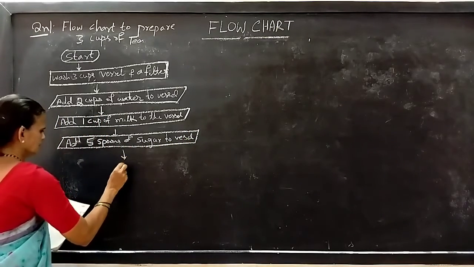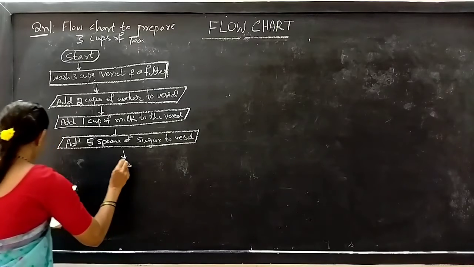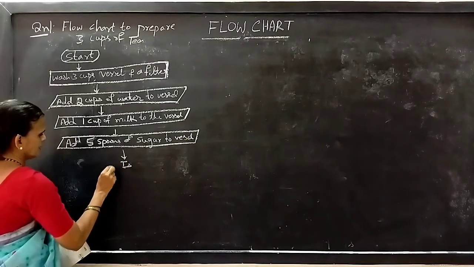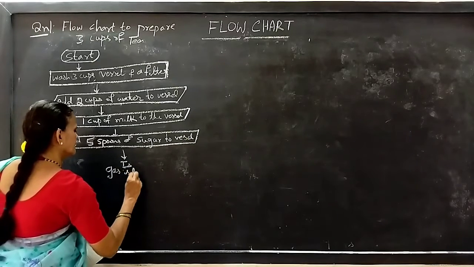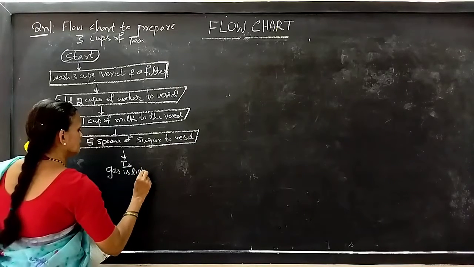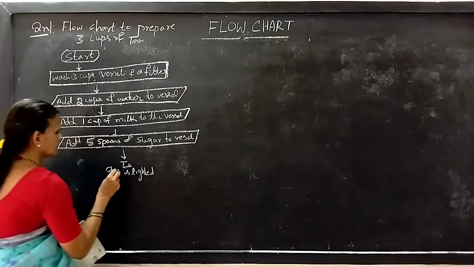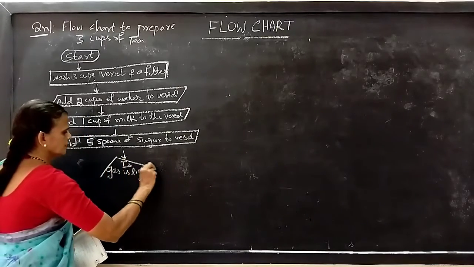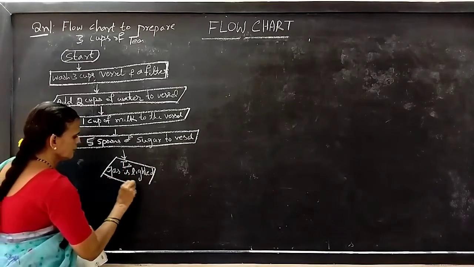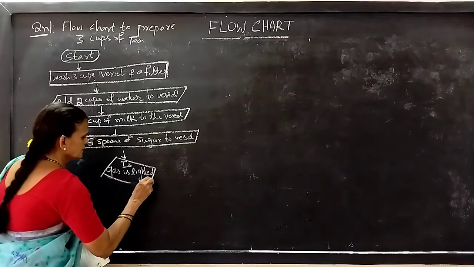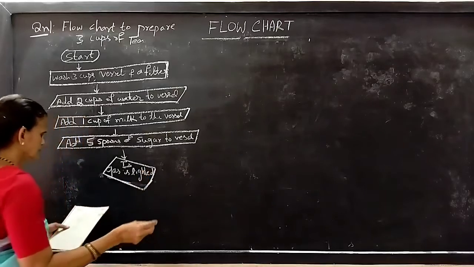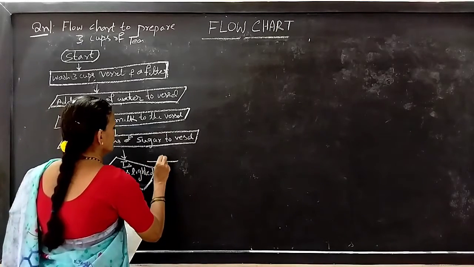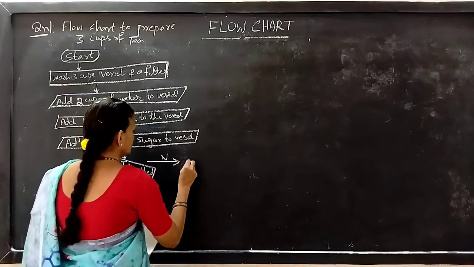Then we should check if gas is lighted, isn't it? Without gas lighting we can't make it heat, so we have to check whether the gas is on or lighted or not, and if it is no, we have to light the gas.